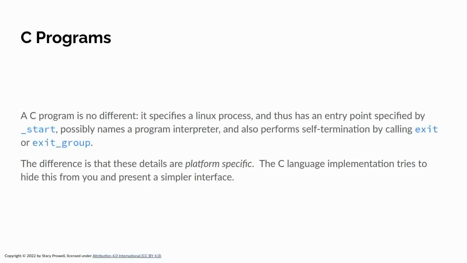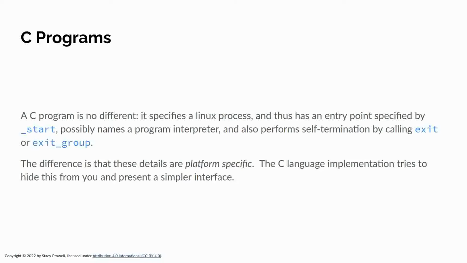The stuff that's provided for you is done because that tends to be platform specific, right? And the C language tries to hide that. So it looks to you like, oh, there's a main function and it takes these things and it returns an int, and that's how it works.